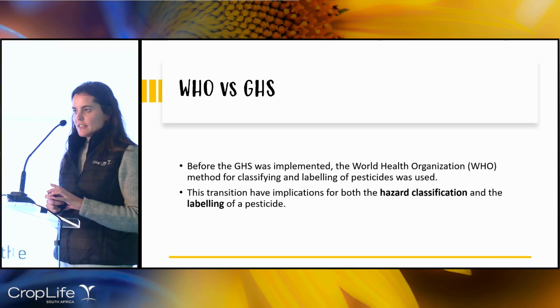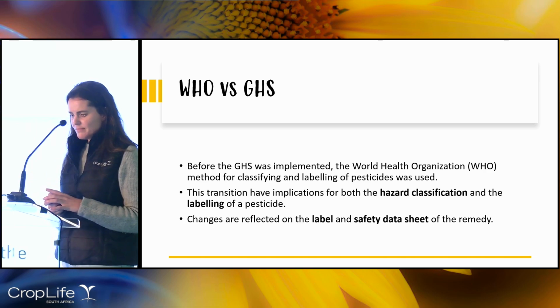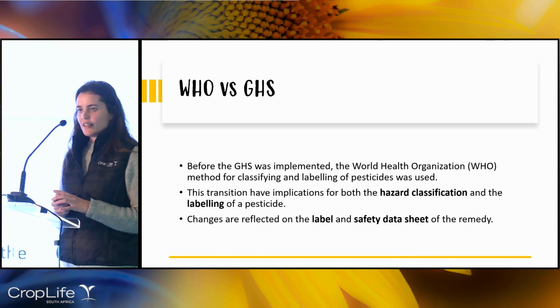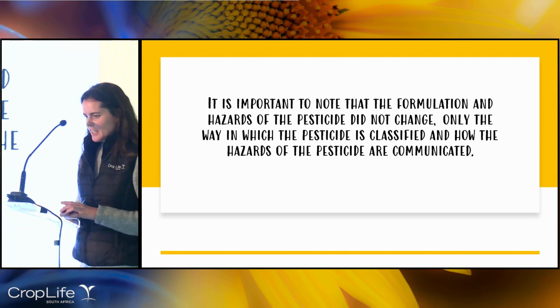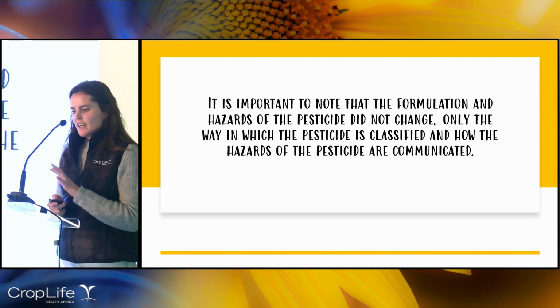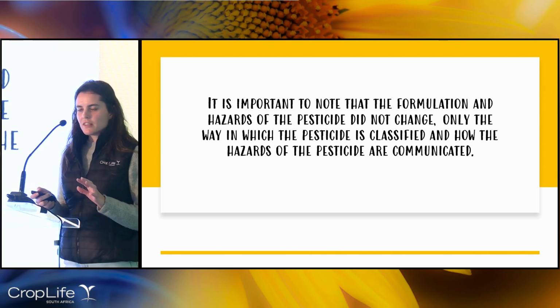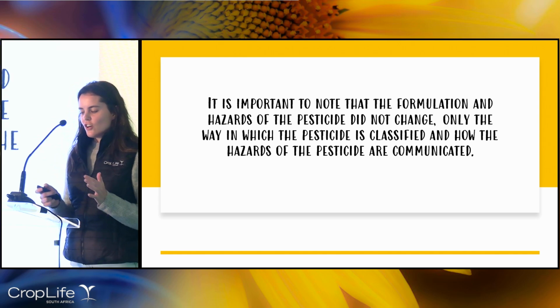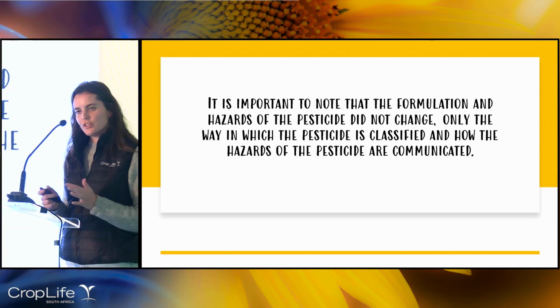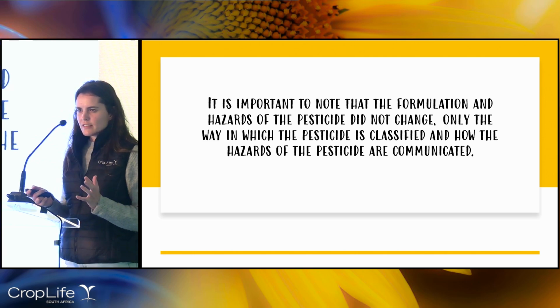As we said, it's a classification and labeling system, so you would see a difference in the hazard classification of the chemical and also the labeling of a chemical. This is reflected on the label and the safety data sheets of the chemical. What is important to note is that the hazards and the formulation of the chemical did not necessarily change. It's just the way in which these hazards are classified and communicated to the user. So the product stayed the same, it's just labeled differently.